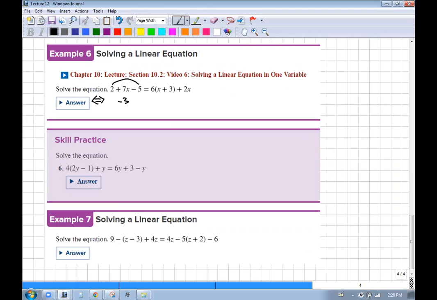Get -3. And let's get rid of these parentheses by distributing this 6. So leave that alone. Let's combine these to give us 8x.